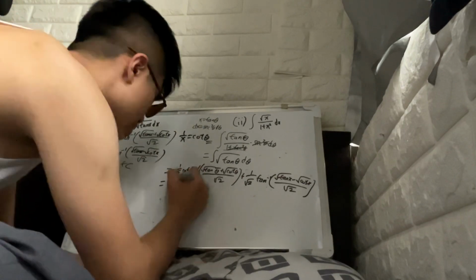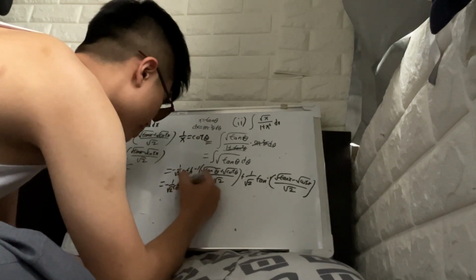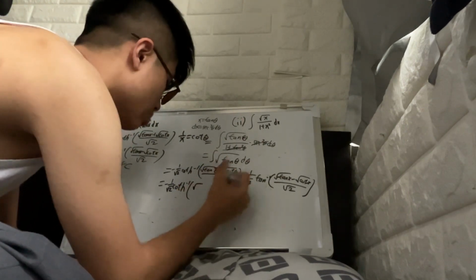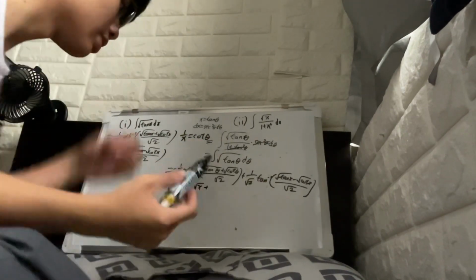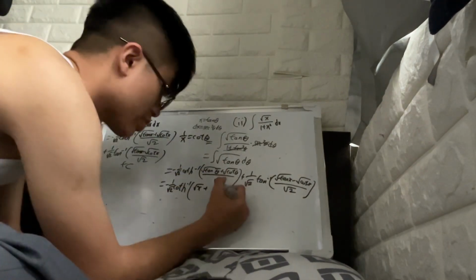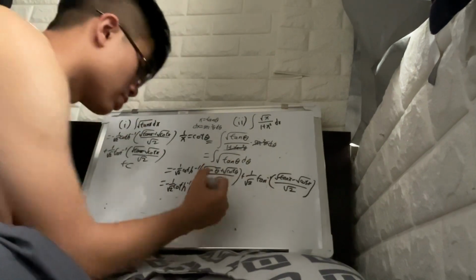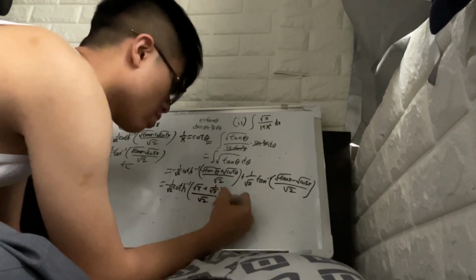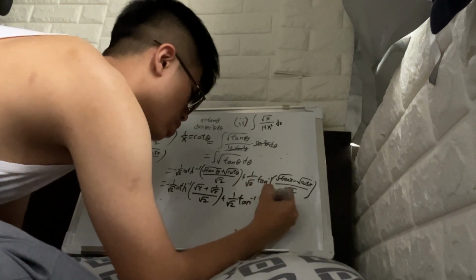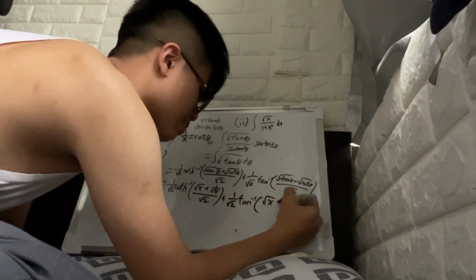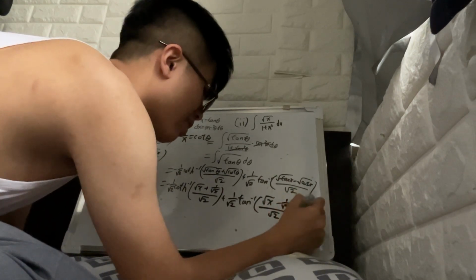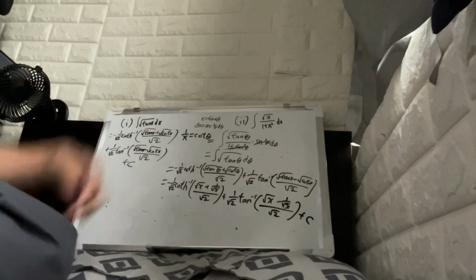So over you get negative 1 over root 2 times inverse hyperbolic cotangent of square root of x, since tangent theta is x, plus square root of 1 over x. You can write it as 1 over square root of x, because square root of 1 is just 1, divided by square root of 2, plus 1 over root 2 times inverse tangent of square root of x minus 1 over square root of x over square root of 2. Wow, this is crazy. You see?